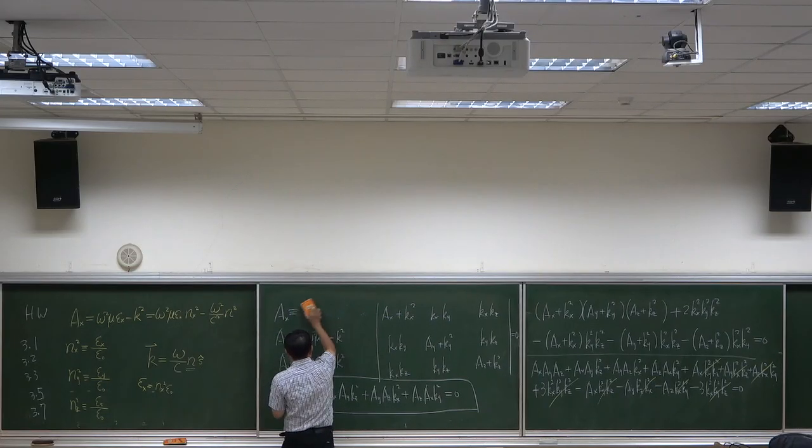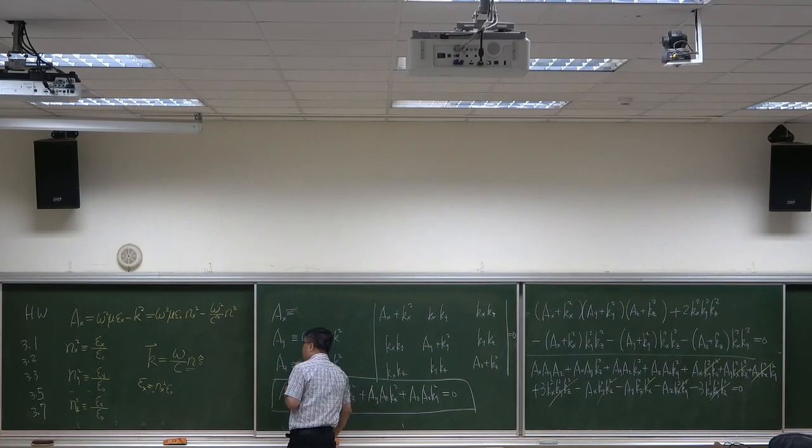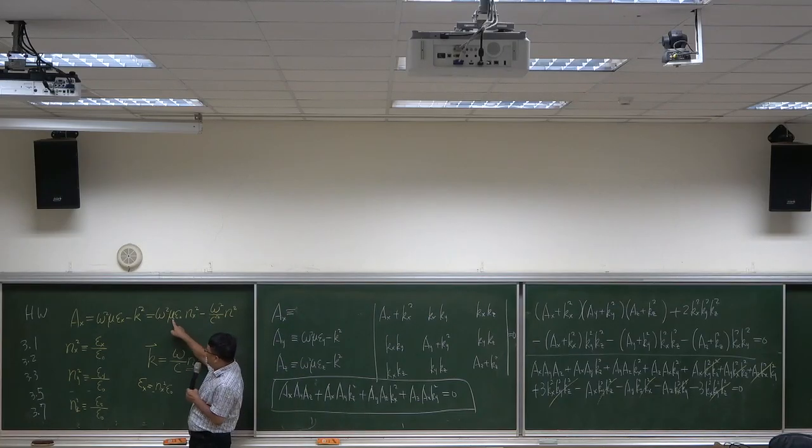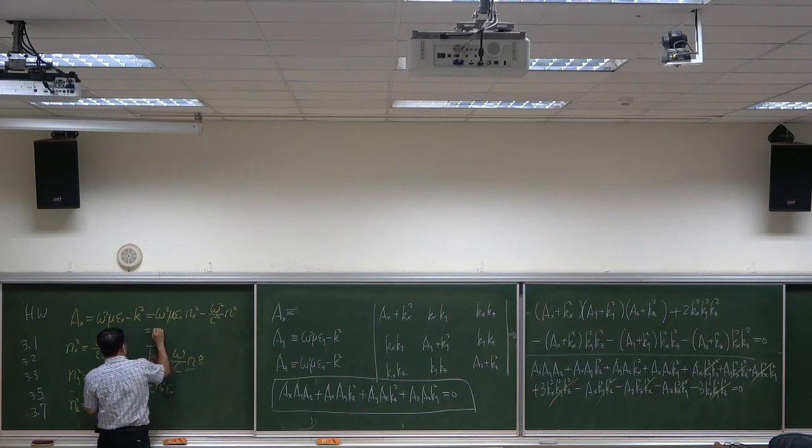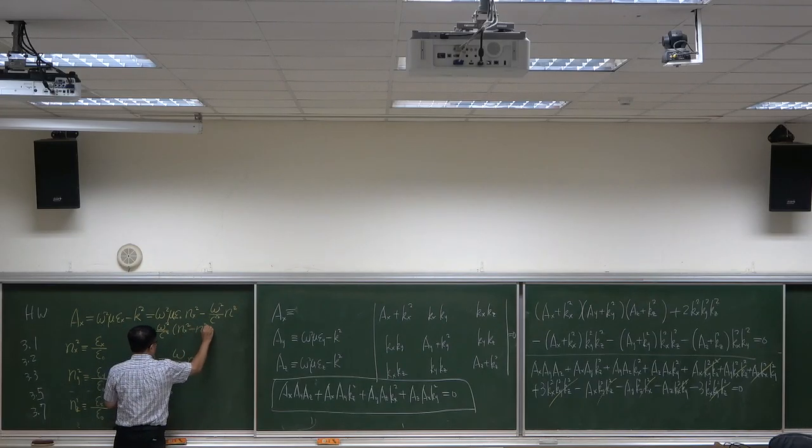Remember that in optical material, we always treat mu as mu naught. Then mu naught times epsilon naught is nothing but 1 over c squared. So this becomes omega squared over c squared times nx squared minus n squared.